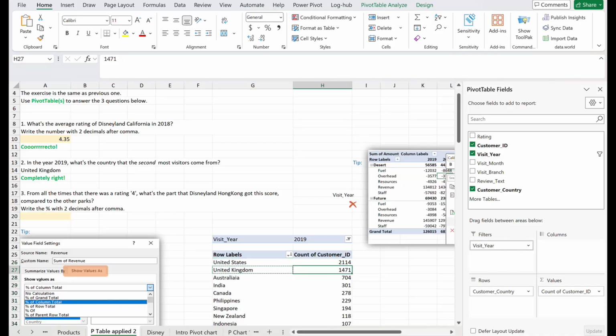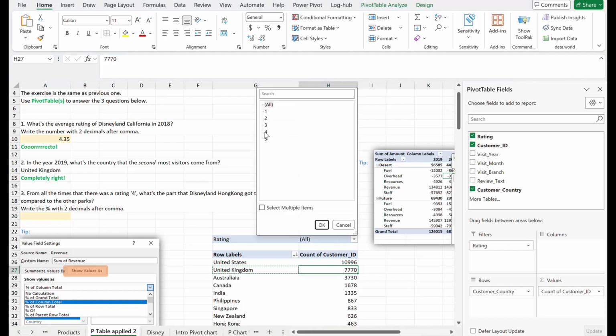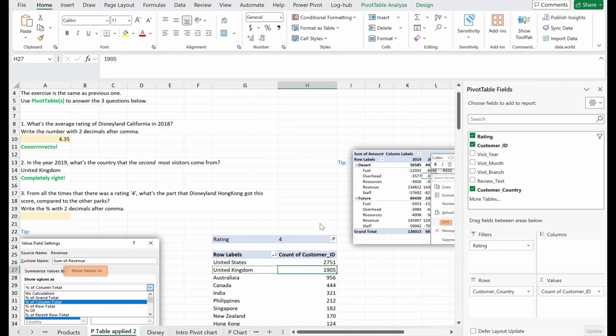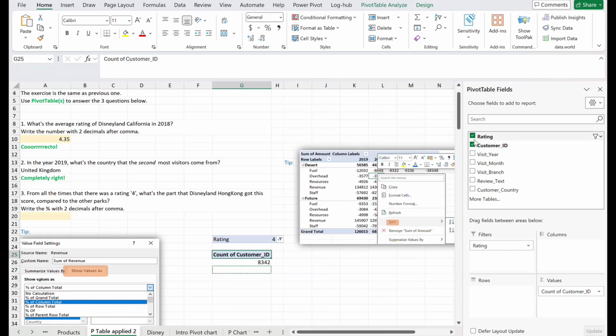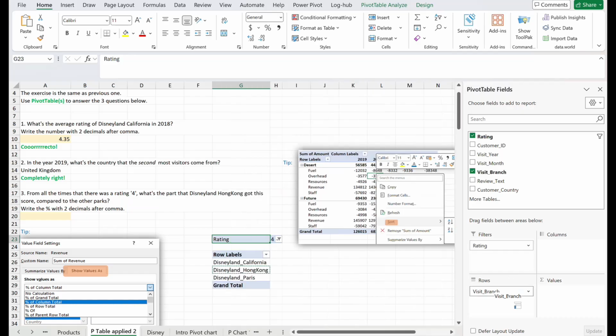So we can put the rating in the filters and say we only want to see where the rating is 4. Then let's take this out. It's also about the branches. So California, Hong Kong, and Paris.